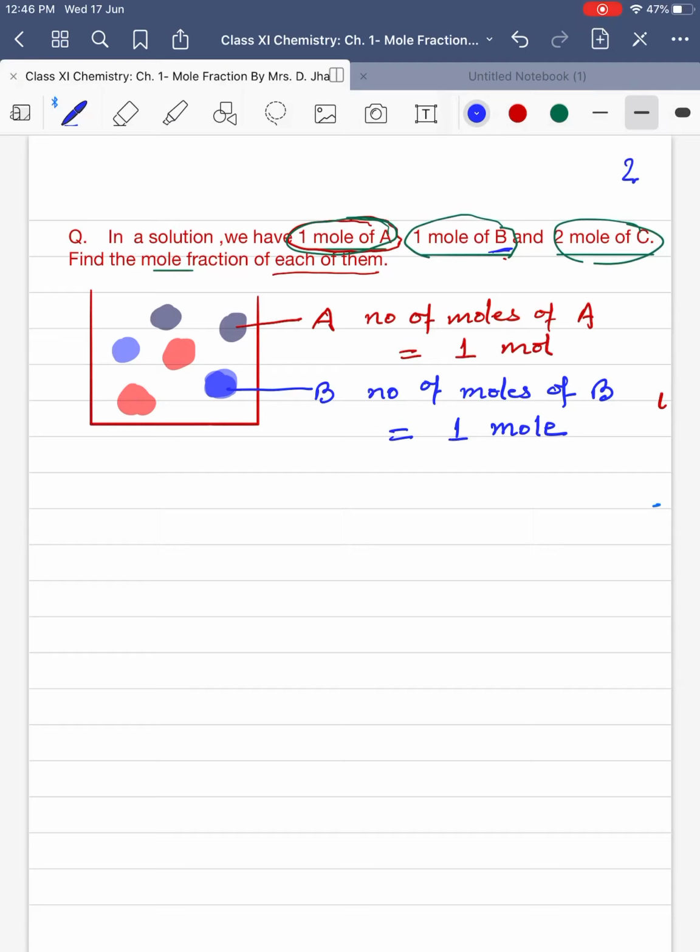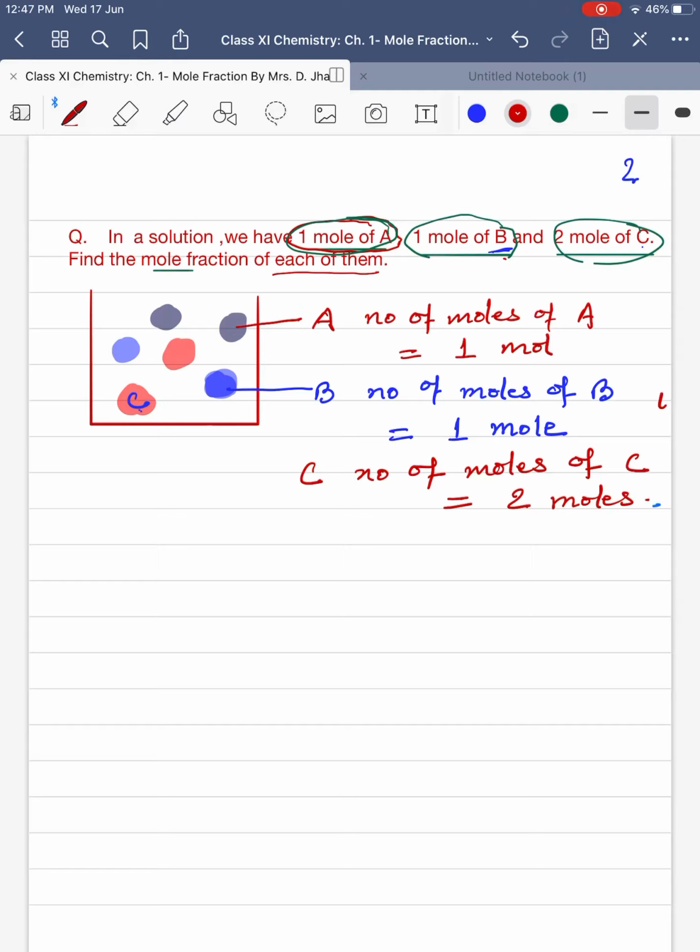And for C, the number of moles of C component is equal to 2 moles.